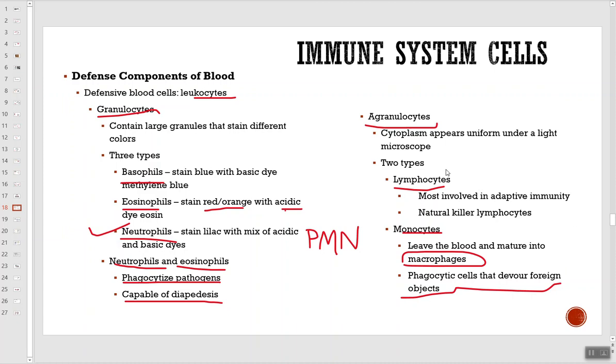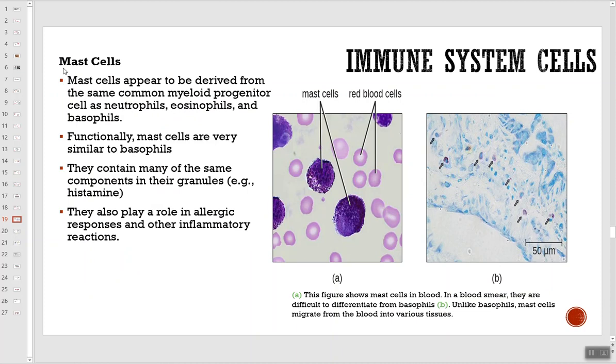Lymphocytes are adaptive immunity, except for one of the three, which is going to become the natural killer cell. He is part of the innate immunity. Okay, mast cells, at one point they were thinking they were actually an activated form of basophil.